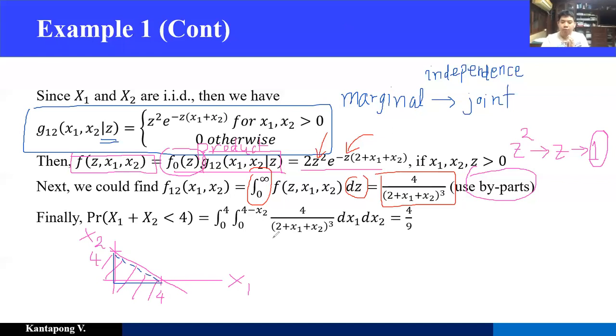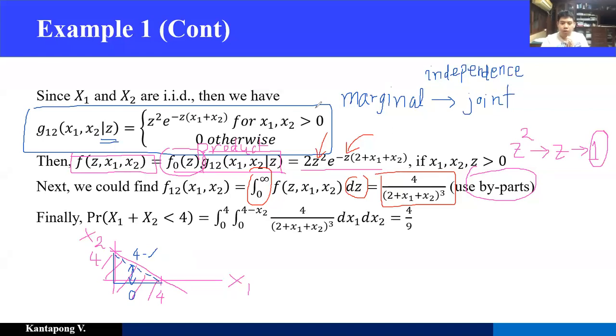So if we integrate with respect to x1 first, how does x1 span? x1 spans from 0 up until 4 minus x2.